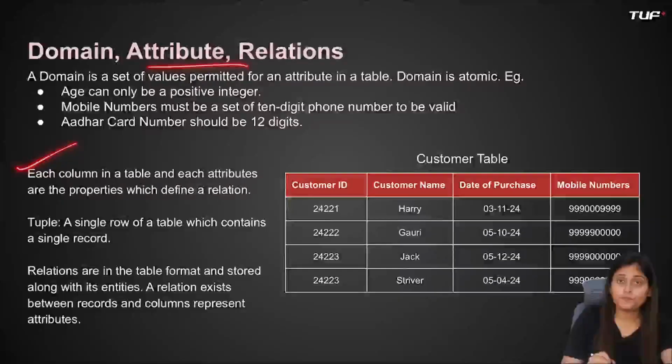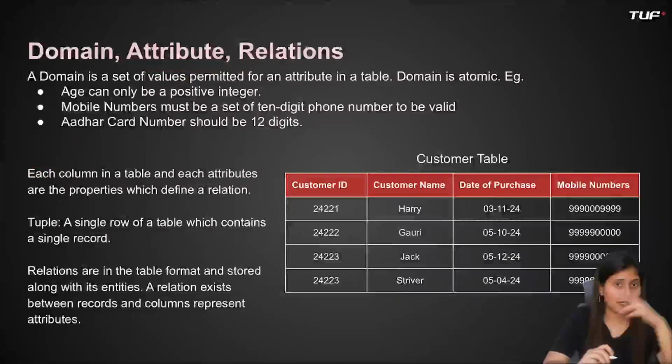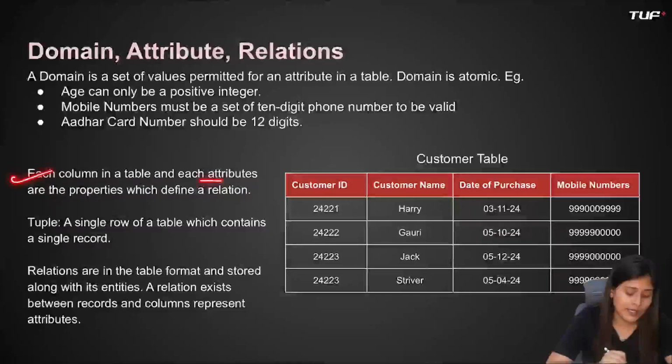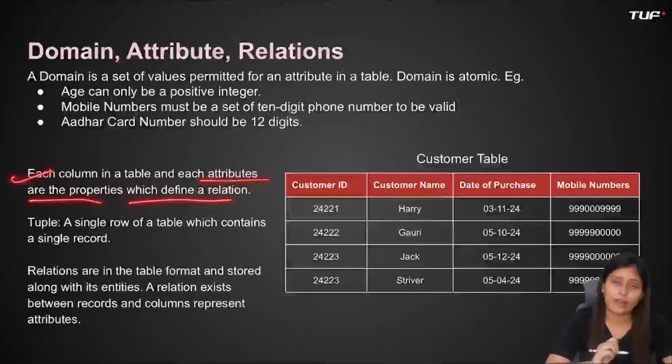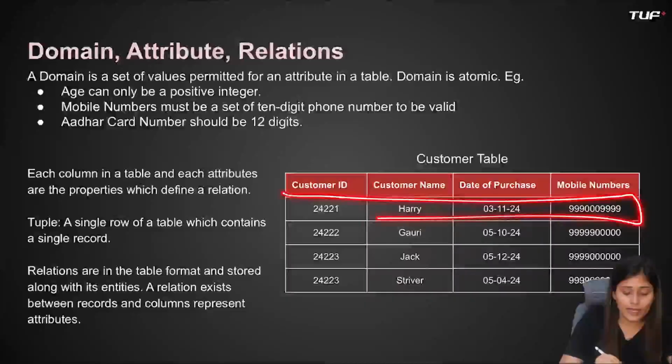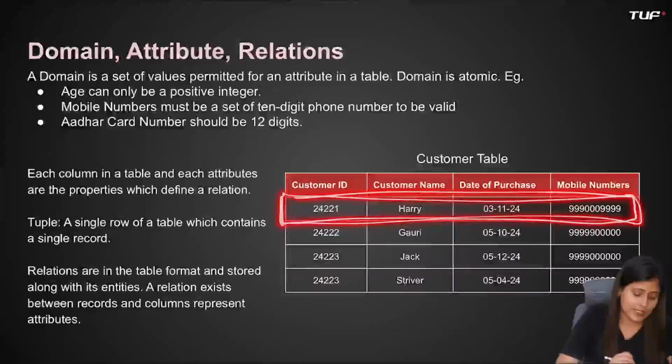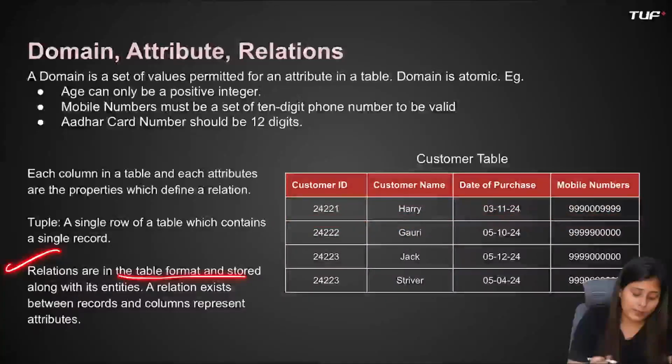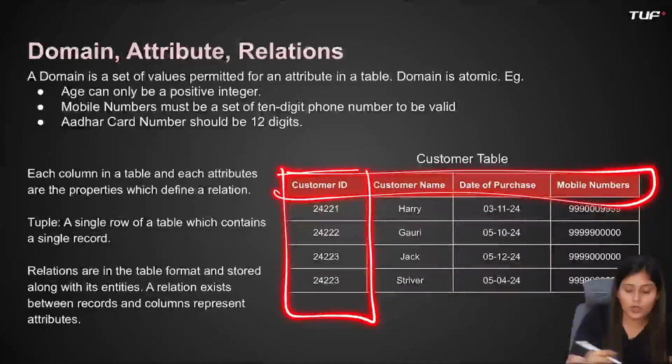Attribute we already know. It's a column in the relational model. It's a column basically to define one type of property for the entity. So each column in a table and each attribute are the properties which define a relationship. Tuple is nothing but a single entry or instance or a single row in an entity. Relations are in the table format. Relations means row cross column, right?